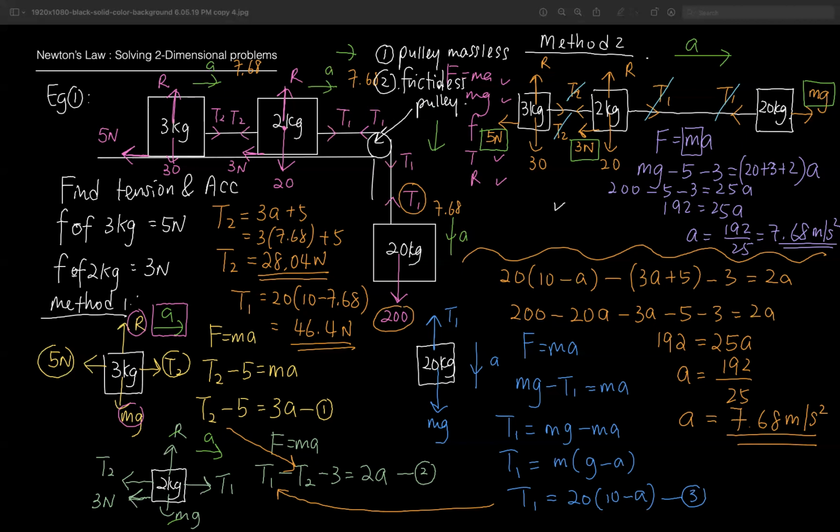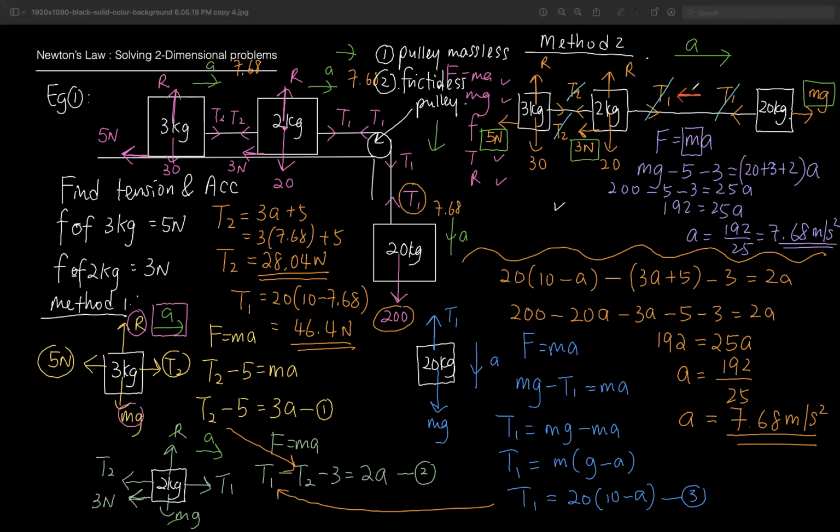But if there's friction, then what do you do? If there's friction at the pulley, it's the same thing. You do method 2. Let's say there's a friction of 3 Newton at the pulley. Then you just add one more force, 3 Newton, for method 2, on the string here. Where should it be pointing?